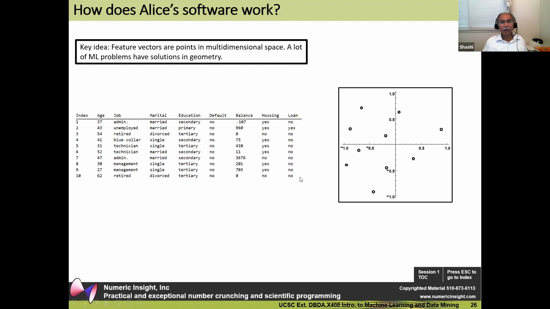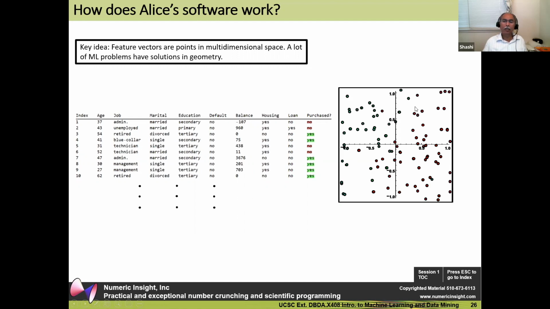Now in the training set, every point also has a known class label, right? So I'm showing you the class label here now. You can see that the class labels are colored red and green, and the red and green also shows up in these points. So why do I say something about geometry? Because if I consider the entire data set, which may have lots of points like this, building a classifier reduces to drawing a line.